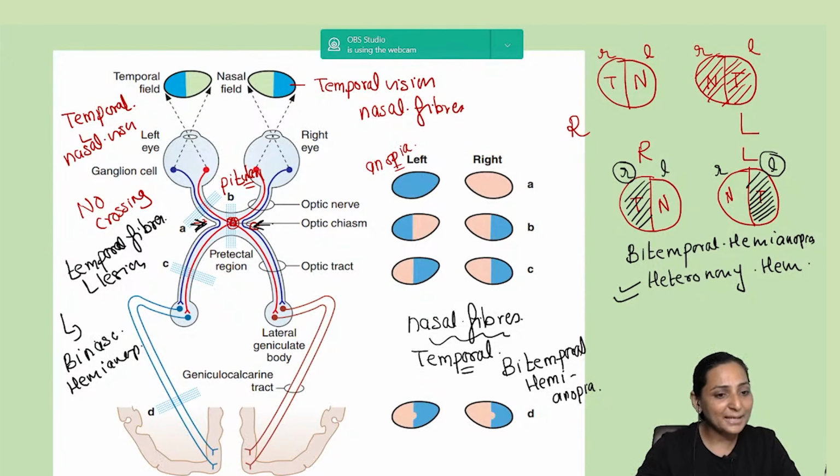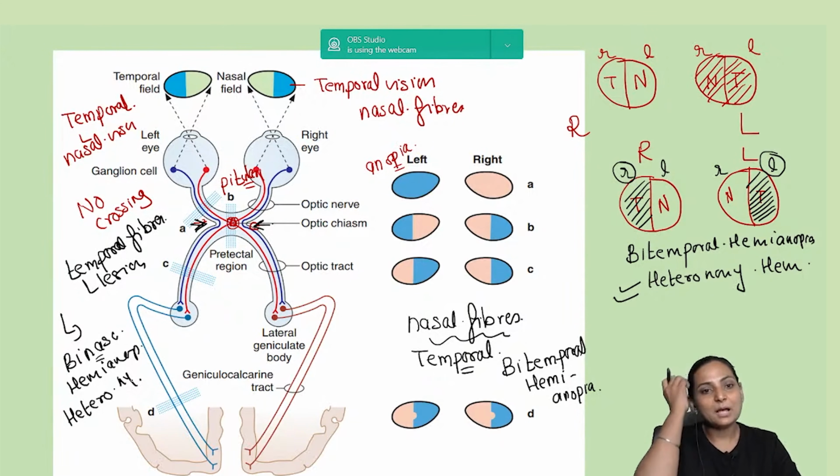Again, in binasal hemianopia the field of defect is the same, that is nasal, but the sides would be different, and this would also become a heteronymous hemianopia.